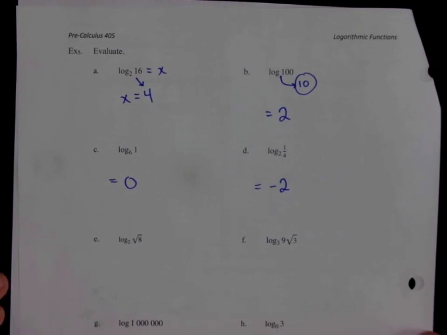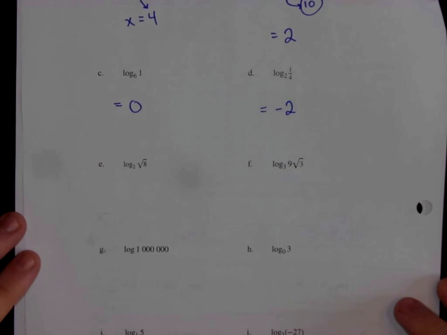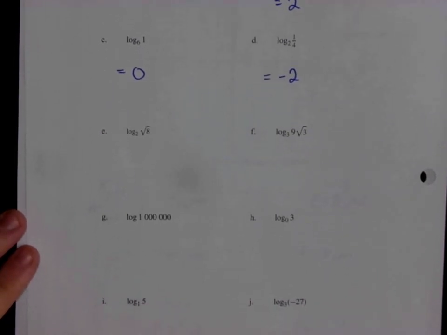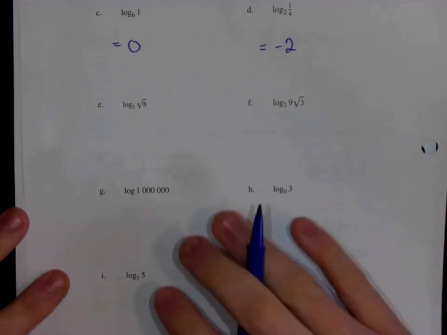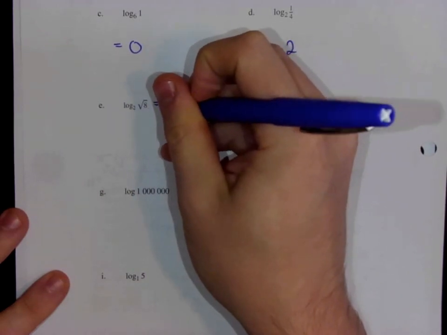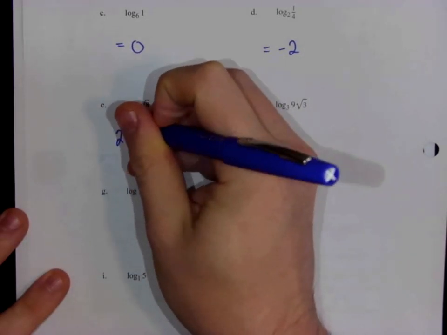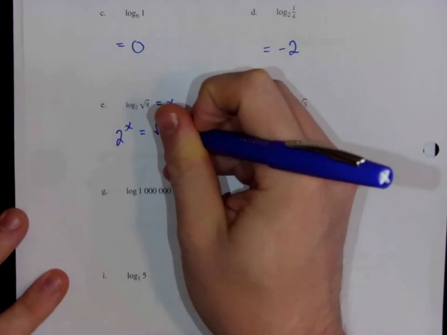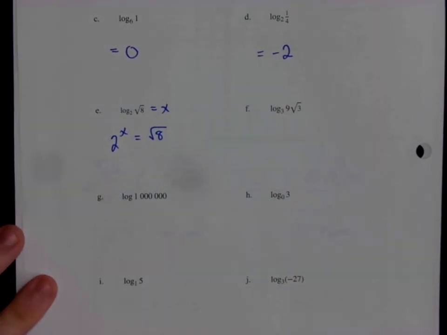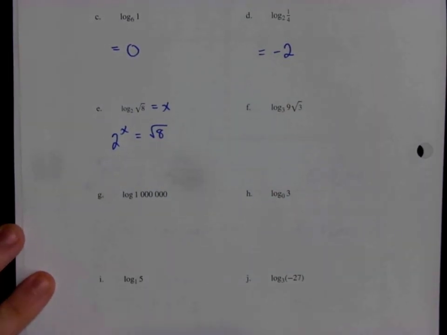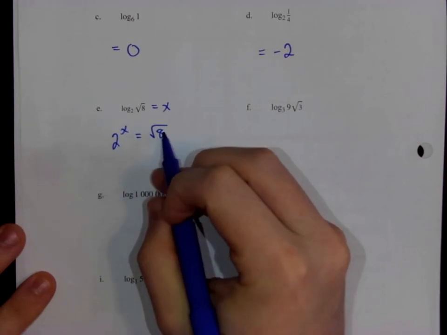And then we get into some square root style questions. So we have log base 2 of root 8. I'm going to give this an equal x as a blank on the right hand side. We're going to go 2 to the x equals root 8. This now goes back into the last video on solving exponential equations, where I want to get these to be the same base.